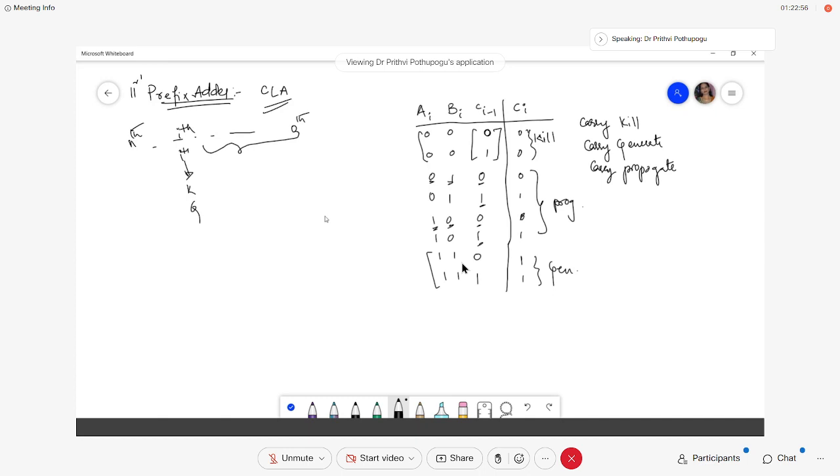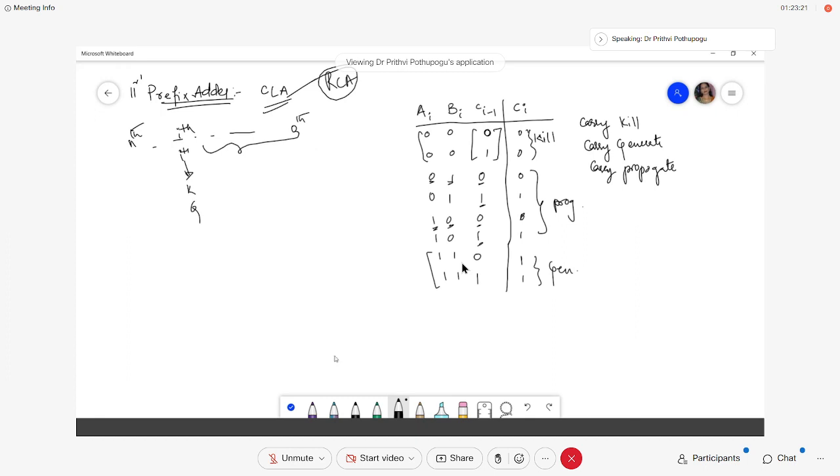That process will make the iteration a little bit faster compared to your ripple carry adder, where the carry has to ripple from the previous stage to previous stage, and then ultimately at the ith stage you will be evaluating after i minus 1 clock durations. But here there is no such delay occurring.